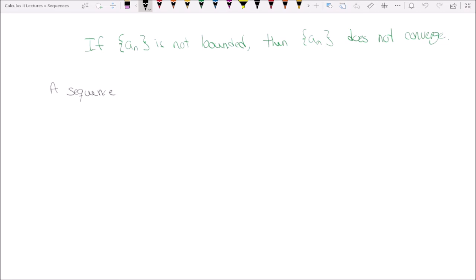So we say a sequence is increasing for all n larger than some number big N if a sub n is less than or equal to a sub n plus 1 for all such little n.